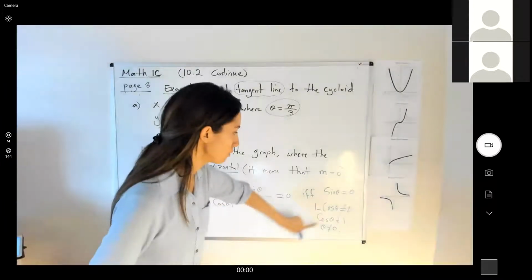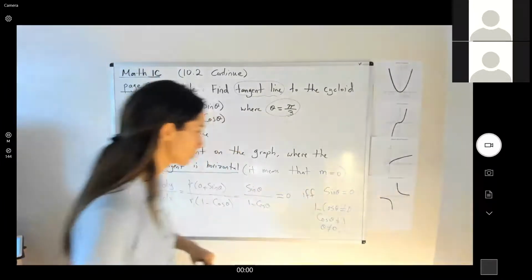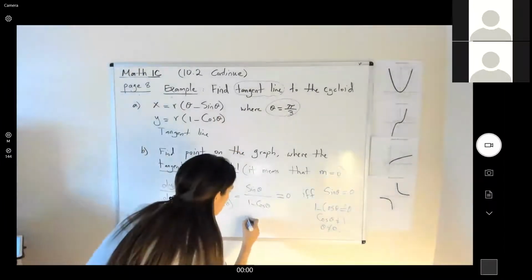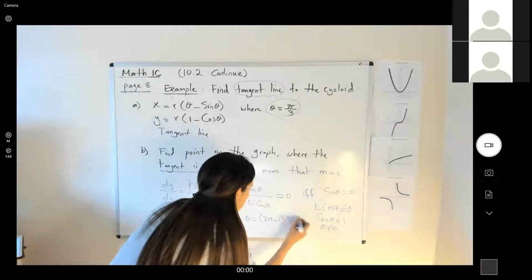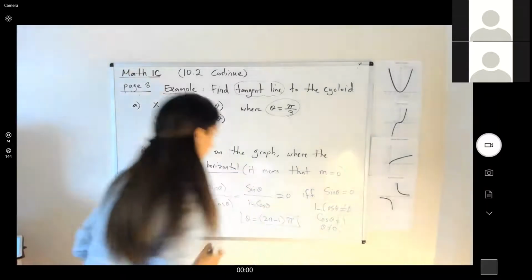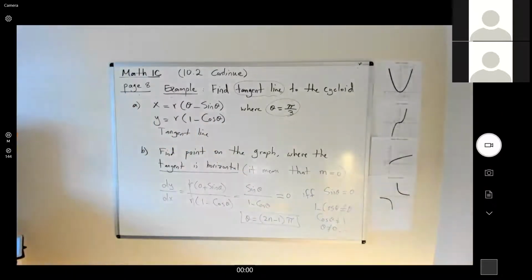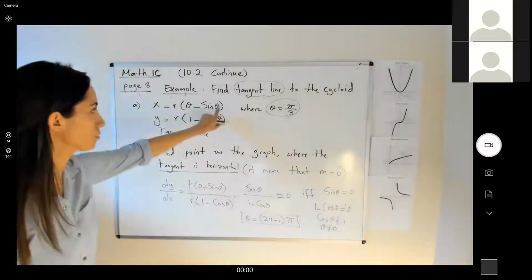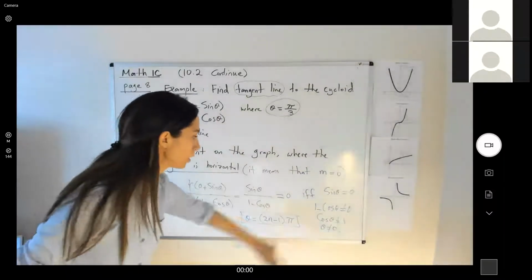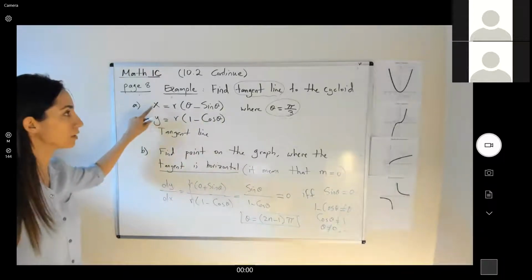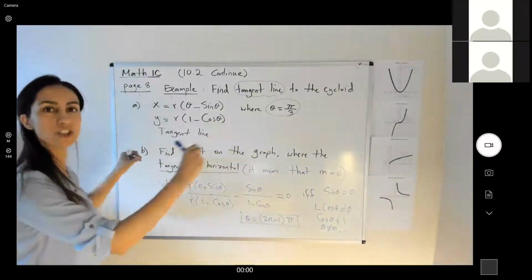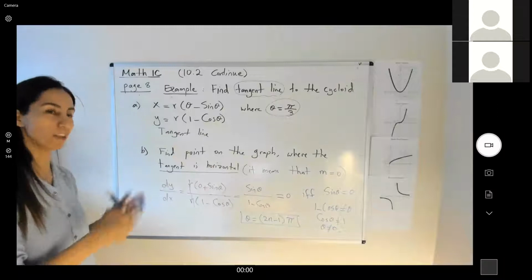So by solving these two equations, theta is 2n minus 1 times pi. So when your theta is equal to 2n minus 1 times pi, you have points on the cycloid where the tangent lines are horizontal.